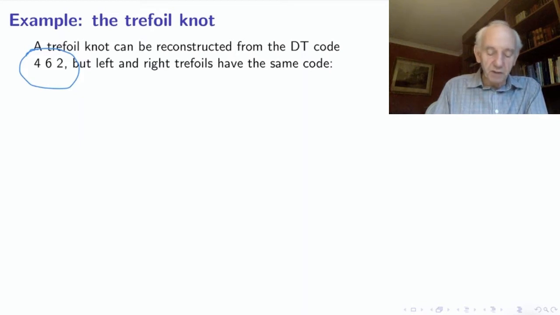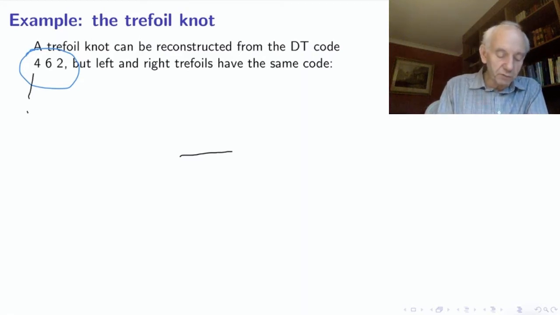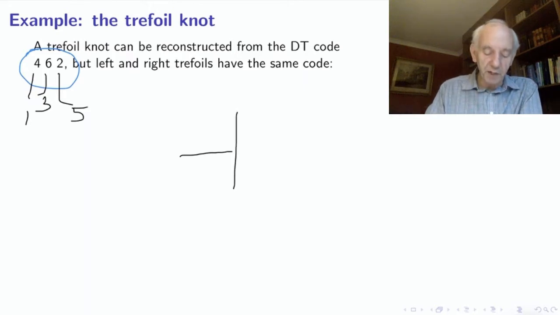So we start with a little arc that's going to bring us to our first crossing, which is labelled number 1. So remember, the 4 corresponds to 1, the 6 corresponds to 3, and the 2 corresponds to 5 in our bijection. So 1 is overpassed by an arc, so we come up to the crossing labelled number 1, and it goes under an arc which eventually will be labelled 4.